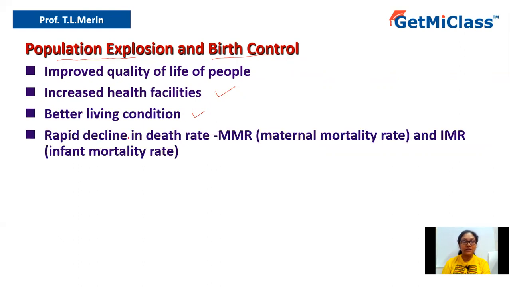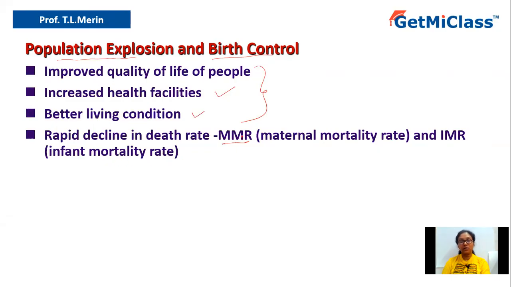Then rapid decline in death rate. Because of the medical facilities and the above reasons, there is a rapid decline in the death rate. So we say even in case of maternal mortality rate, as well as IMR, that is infant mortality rate.